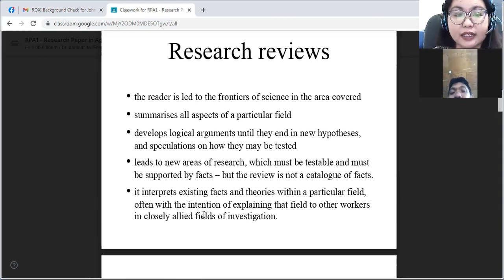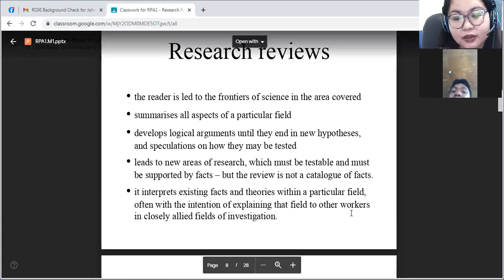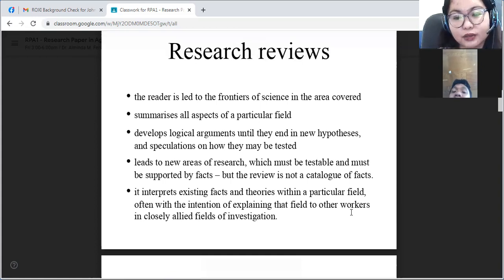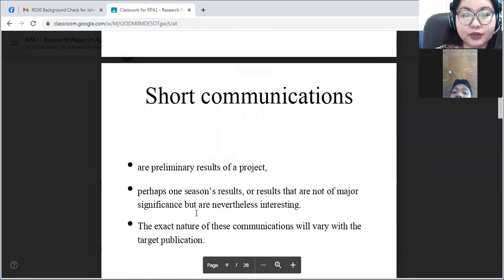You should interpret what their result of the research means. For example, you will say research shows that an organic fertilizer is better than synthetic. That's just an example, but you have to prove that. So those are reviews.